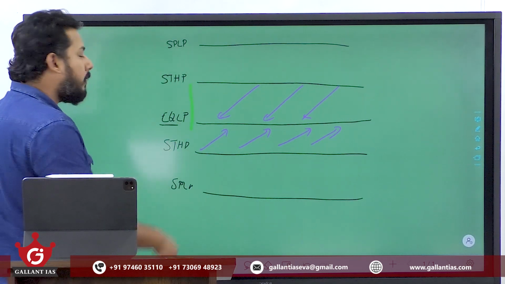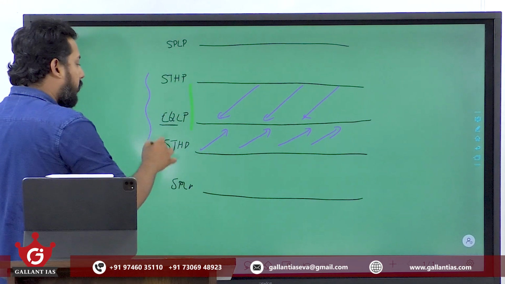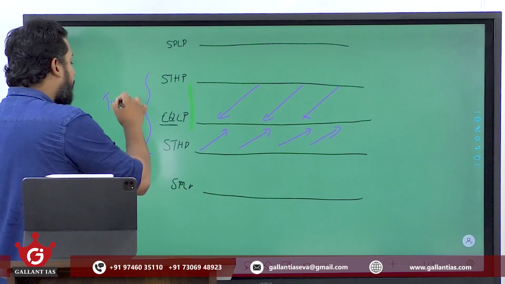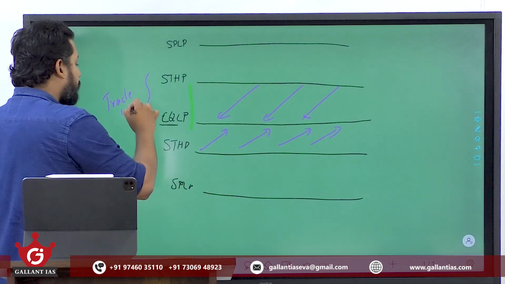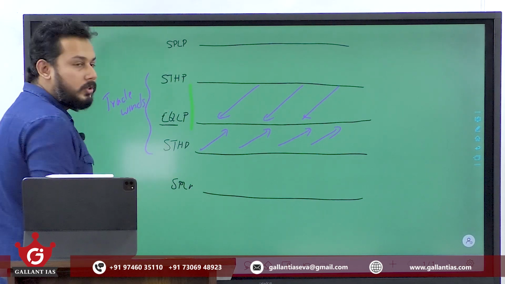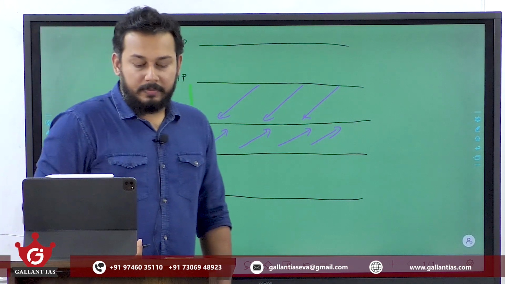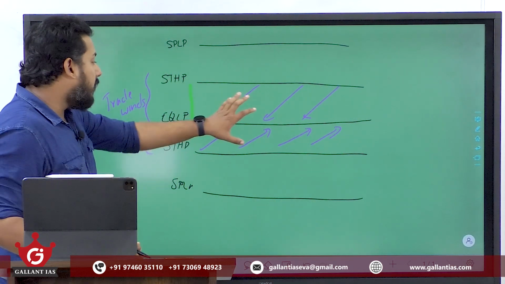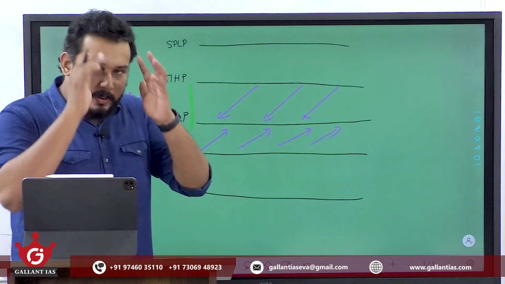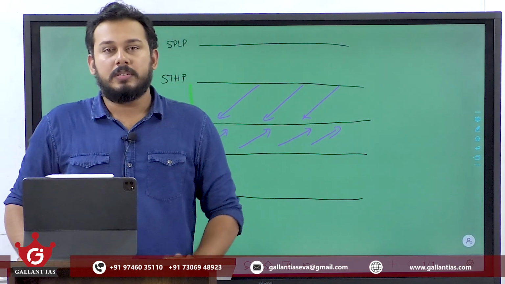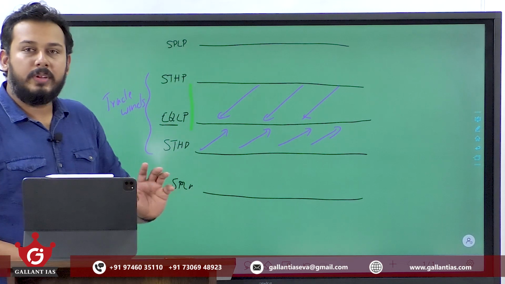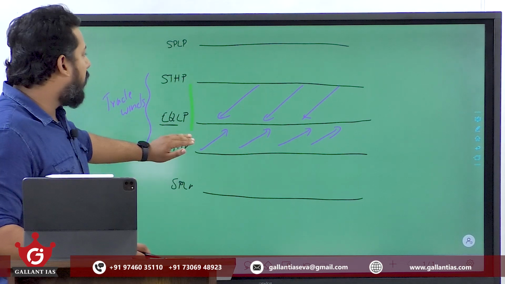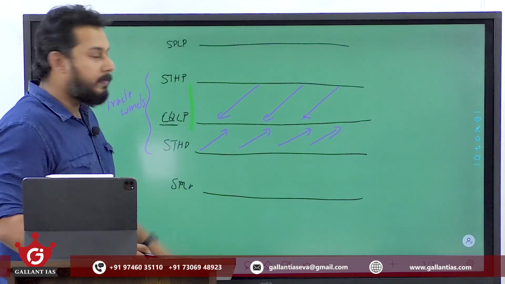These winds blowing between the subtropical high and equatorial low are called the trade winds. Here you can see both the trade winds are converging. They are not diverging, they are converging towards the equatorial low pressure belt. Please do remember, if it is a low pressure belt, mostly the winds will be converging, let it be the equatorial low pressure belt or the subpolar low pressure belt.